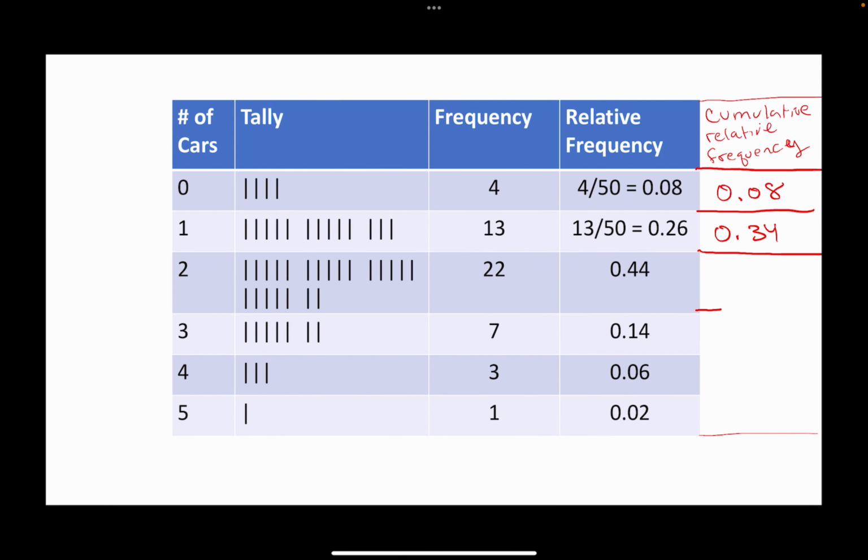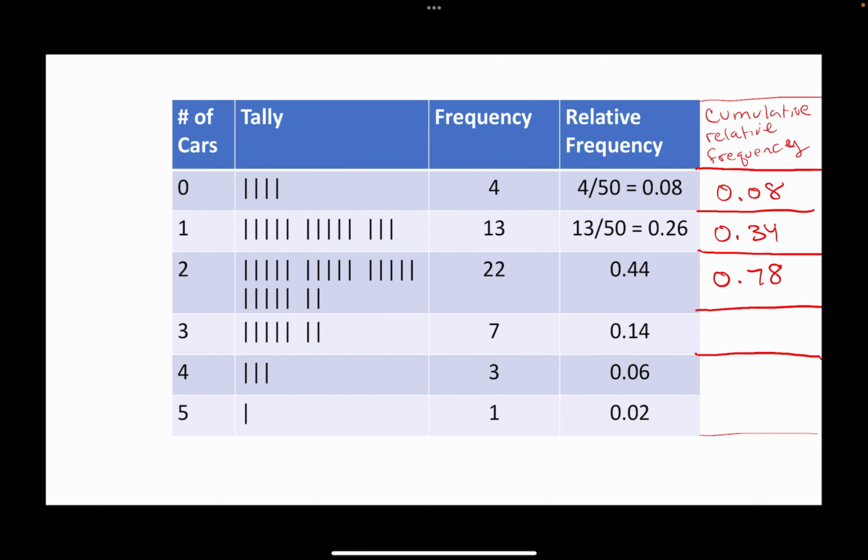And then we would take the 0.34 and add the 0.44, so I have 0.78. So I could say 78% of the people have 2 or fewer cars. So having this cumulative relative frequency helps you to just kind of at a glance see that 78% of the people polled had 2 or fewer cars. And it's just adding them as I go along.